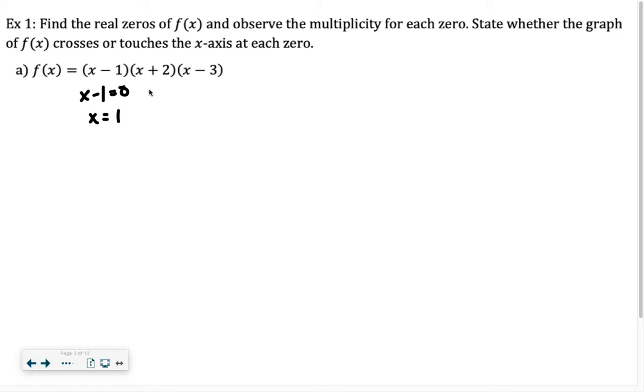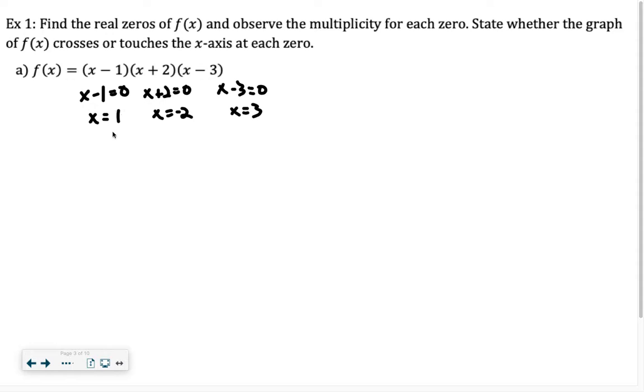Same thing here, I'm setting x plus 2 equal to 0, subtracting the 2 over, and I'll get x equals negative 2. And for the last one, x minus 3 equals 0, add the 3 over, and we get x equals 3. When you're doing problems like this, you don't need to show this work. I just want to ingrain it into your heads that this is what's happening.